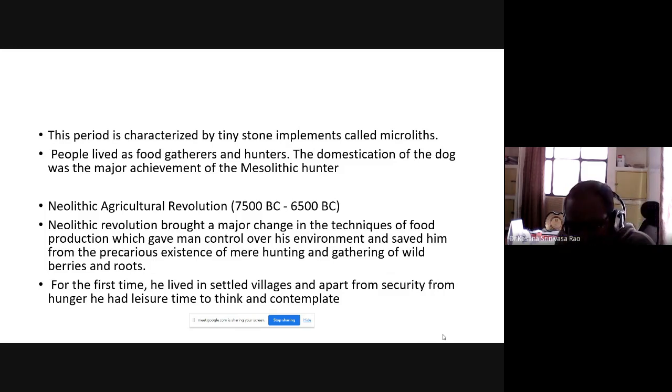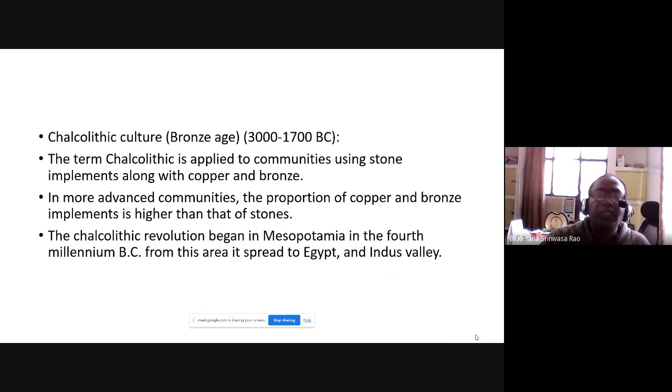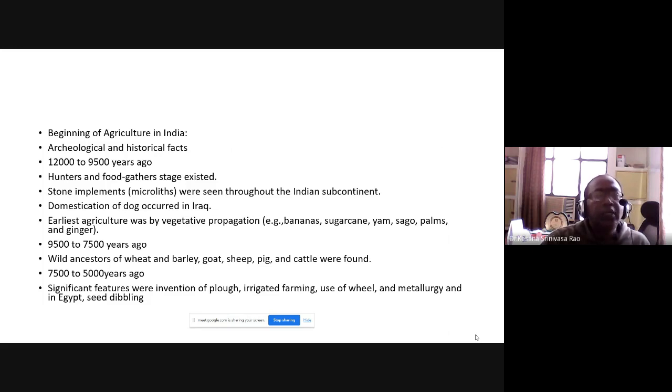So, friends, we have to go back and see our historical background. The Neolithic agriculture revolution started in 7,500 BC to 6,500 BC. Then 3,000 to 1,700 BC was the Bronze Age. About 12,000 to 9,000 years ago, the hunters and food gatherers stage existed.